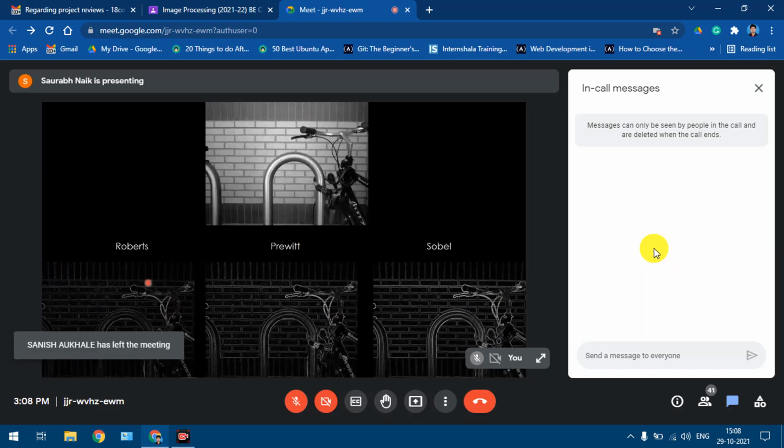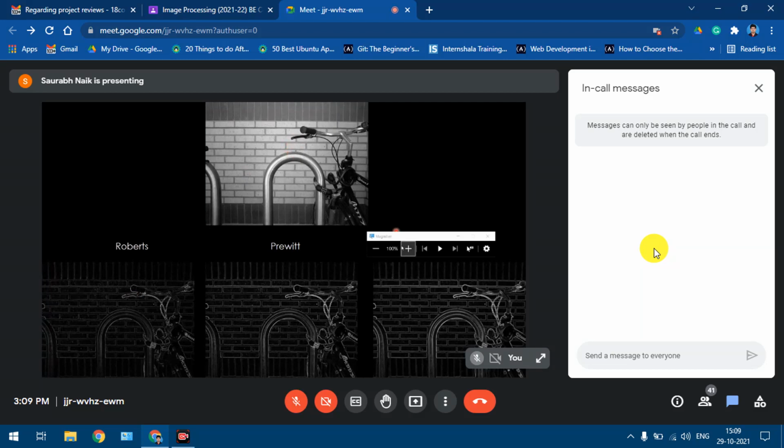So with these operators, we get gradients, which is basically the difference. If there is an edge, something like this, then this change is going to be very high. I'll use a magnifier just in case, so that you can all see properly.